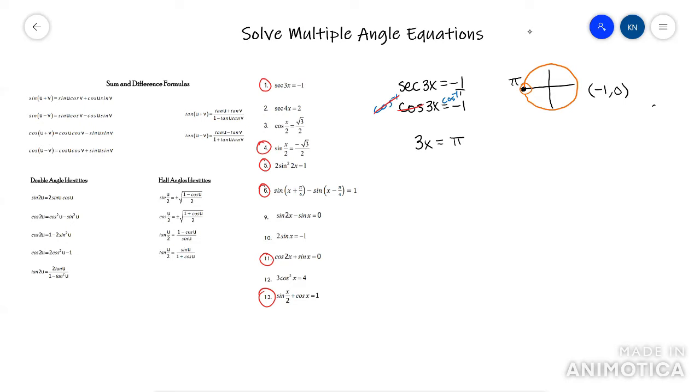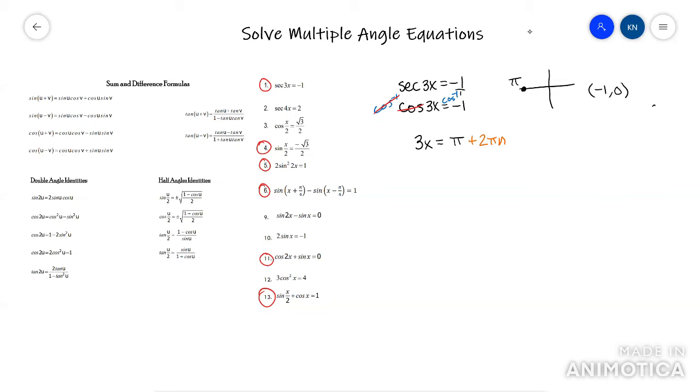So in order to account for this infinite number of answers, you have to put plus 2 pi n, where 2 pi is your loop and n is the number of loops you would want. So if you wanted 4 loops, you'd be adding 8 pi to your pi answer. So 9 pi is an acceptable answer. All right, so you have to account for this infinite number of answers by doing plus 2 pi n.